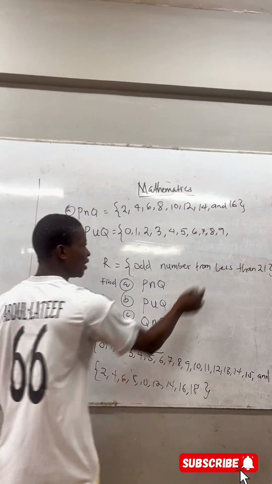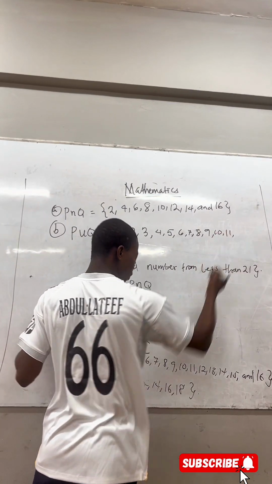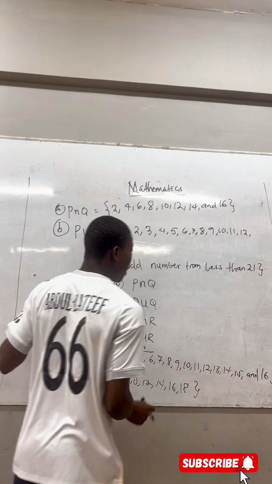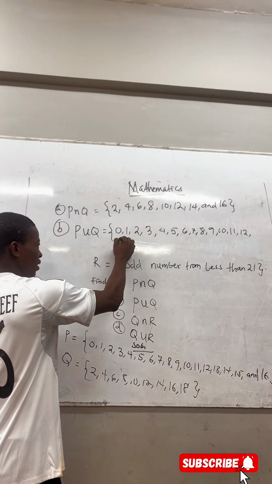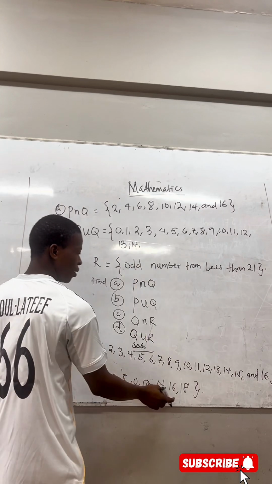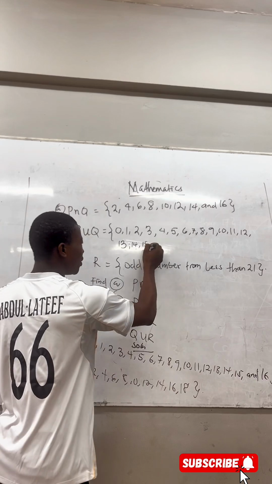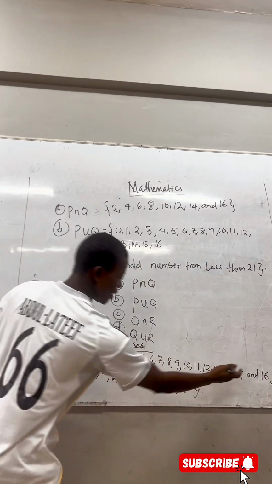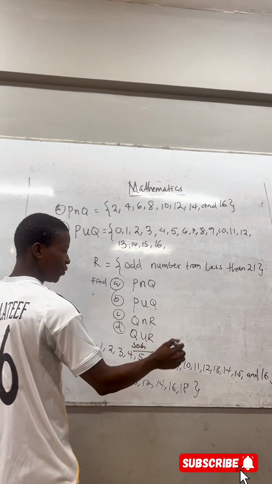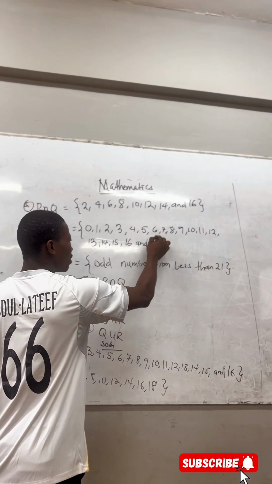We also have 10, 11, 12. This is 12, we have 13, 14, 15. 16 is here, 16 is here. We don't have 17, but we have the last number to be 18.